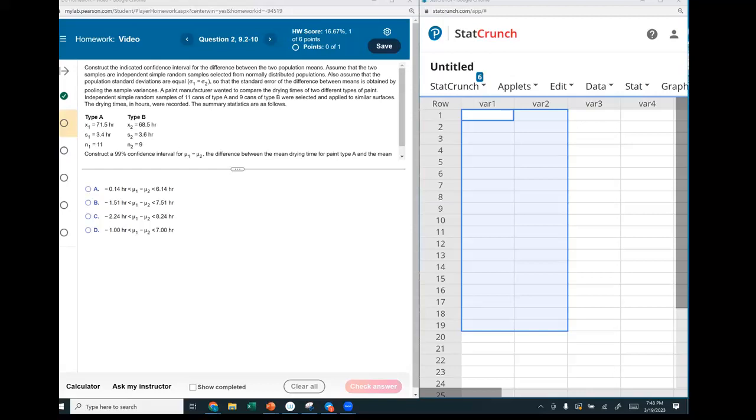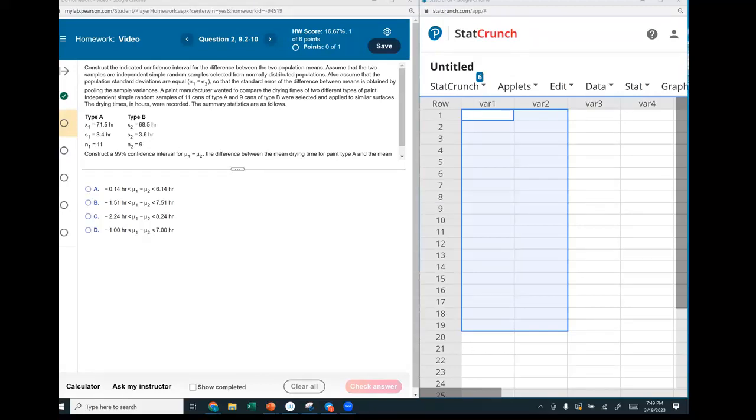There's a pooling option in StatCrunch, you'll see it. A paint manufacturer wanted to compare the drying time of two different types of paint. Independent simple random samples of 11 cans of type A and 9 cans of type B were selected and applied to similar surfaces. So we know now they're definitely independent because they have different amounts.